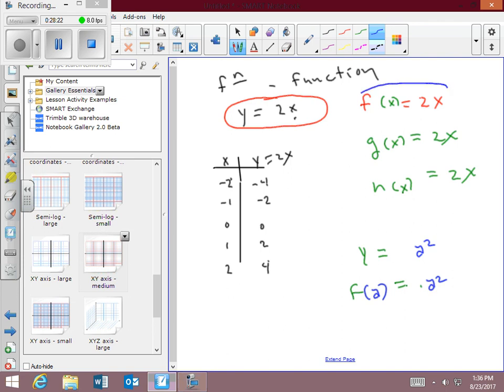If I would have written this 2b, then this would be f of b. This is the name of the function. This is what its independent variable is. That makes sense? We'll see how it applies in a little bit.